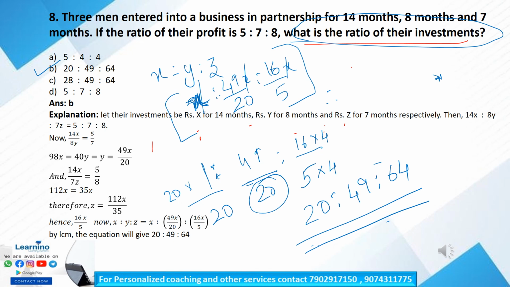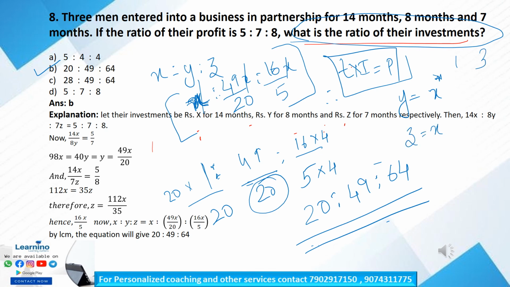Is that clear? First, we have done time into investment is equal to profit ratio. From that, we took the first and second term in order to get y in terms of x. Then we took the first and third ratio in order to get z in terms of x.